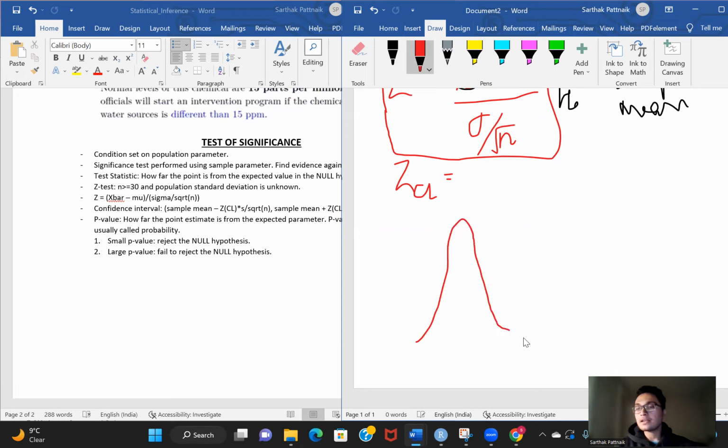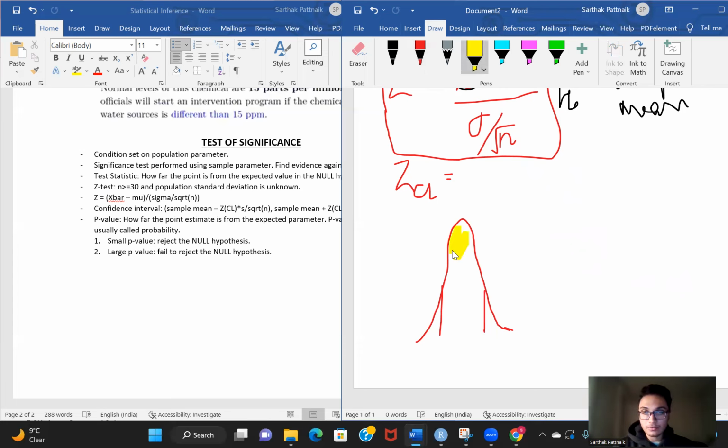If I have to make a graphical representation of this point, let us suppose I'm taking a null hypothesis and I have to find significant evidence against the null hypothesis at 95% confidence interval. Let us suppose this interval is my 95% confidence interval.